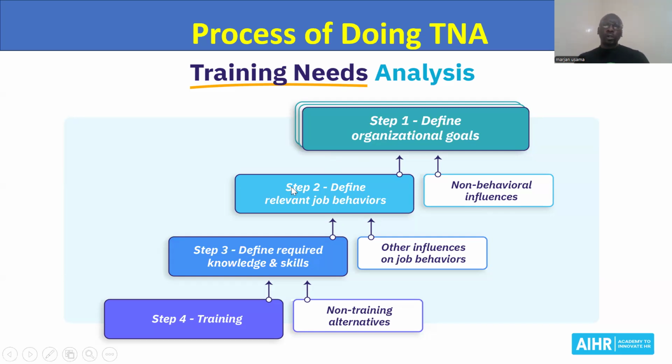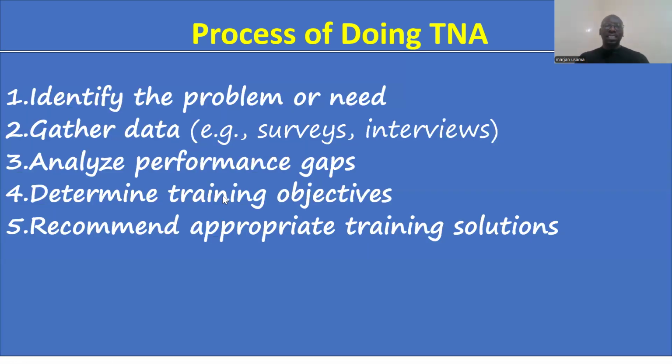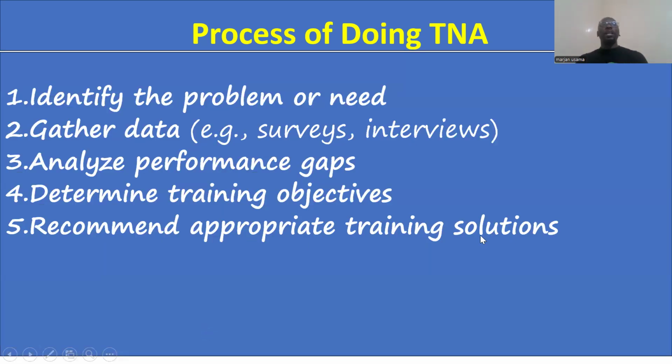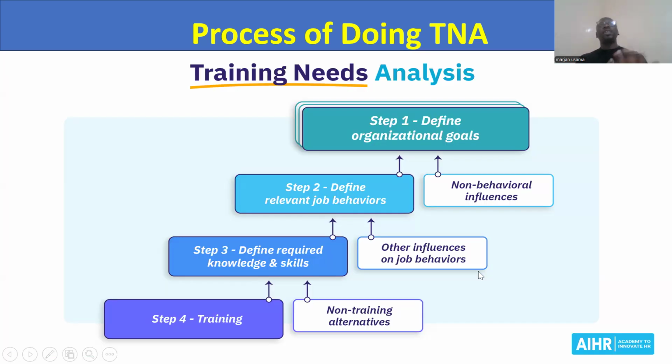Then number two is define relevant job behaviors. Number three, define required knowledge and skills. This is the same as determining the training objectives. Then lastly, the training, which is recommending appropriate training solutions. So these models are just the same, but they are explaining it in different ways.